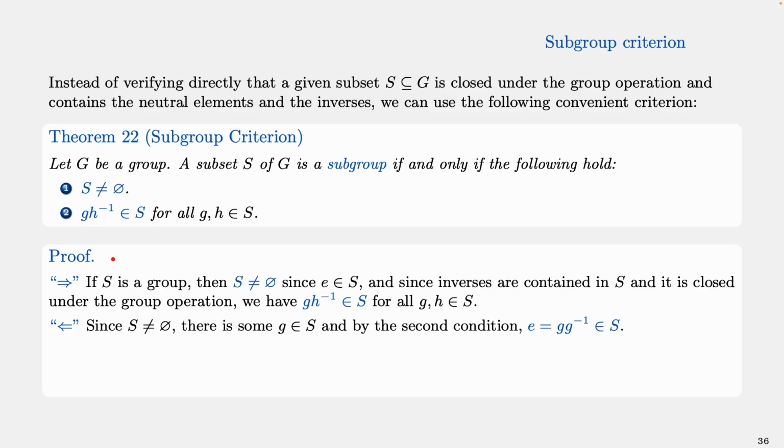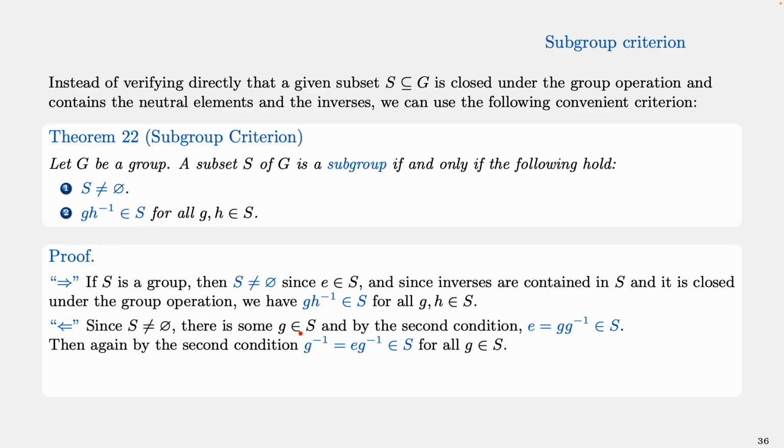So first we use the first property, S is not empty, so there must exist some element g in S. And now if we apply the second condition to g with itself, we find that g times g inverse has to be contained in S, but g times g inverse is just the neutral element. So we find the neutral element has to be contained in S. Now that we know this, we can again use the second condition with g replaced by the neutral element.